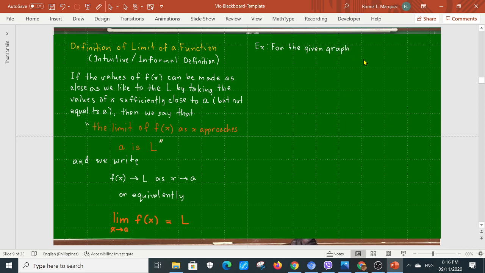For the given graph of the function f, I will make a graph. Determine the limit, if it exists.